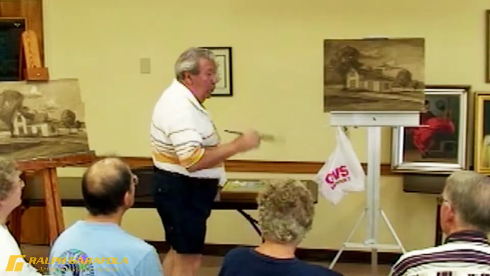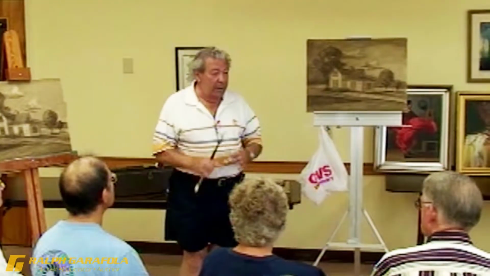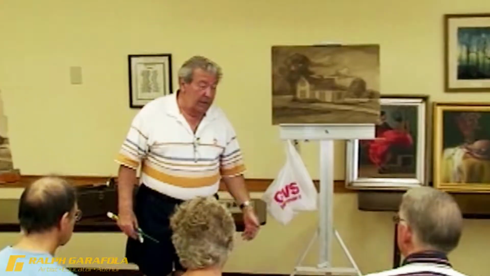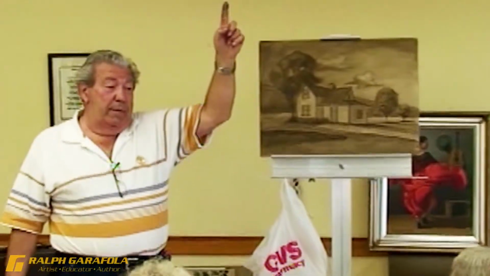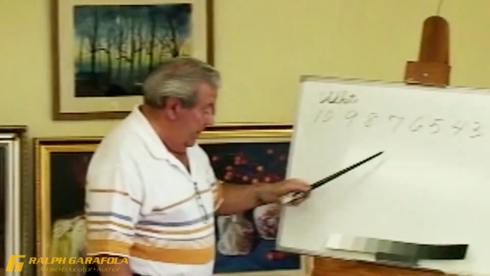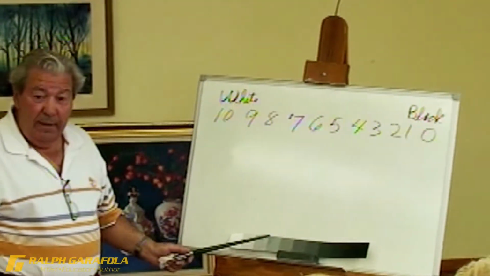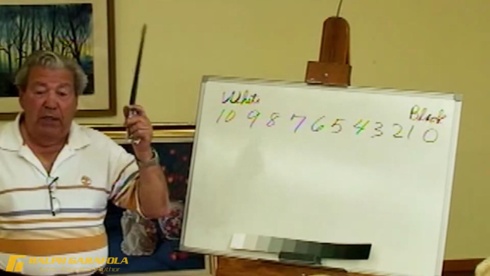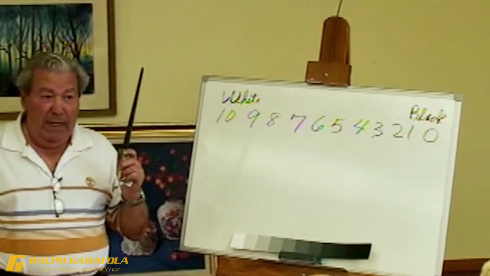Now the sky is a vault. It's not flat. It's a vault. If you look straight up, it's a blue sky. It's the 7th value right there. Straight up. The zenith of the sky straight up is the 7th value.